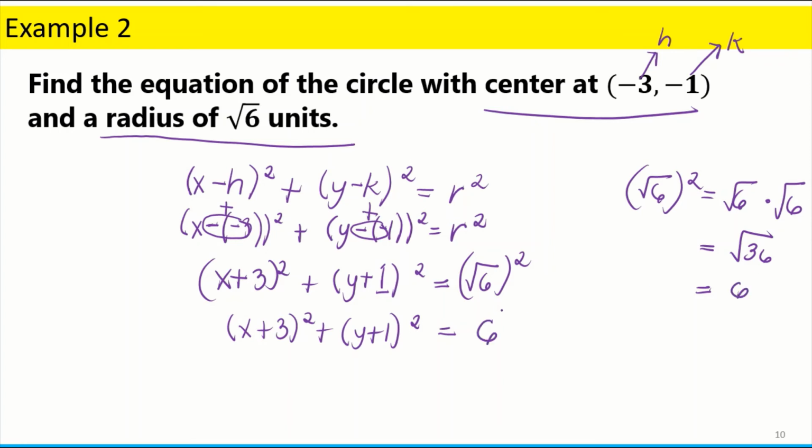Since we have simplified, therefore, the equation of the circle having a center at (-3, -1) and a radius of square root of 6 is (x + 3)² + (y + 1)² = 6.